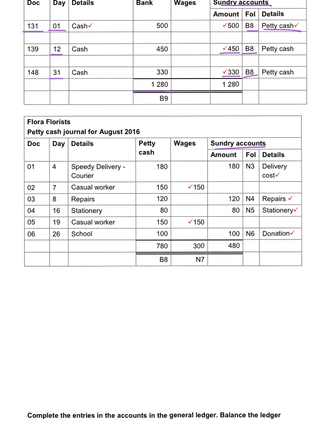When we look at the petty cash journal, we see that there are also entries in the sundry accounts column. Therefore, these entries will be posted on the day of the transaction. So on the 4th, we will indicate that 180 Rand was paid out to delivery cost.